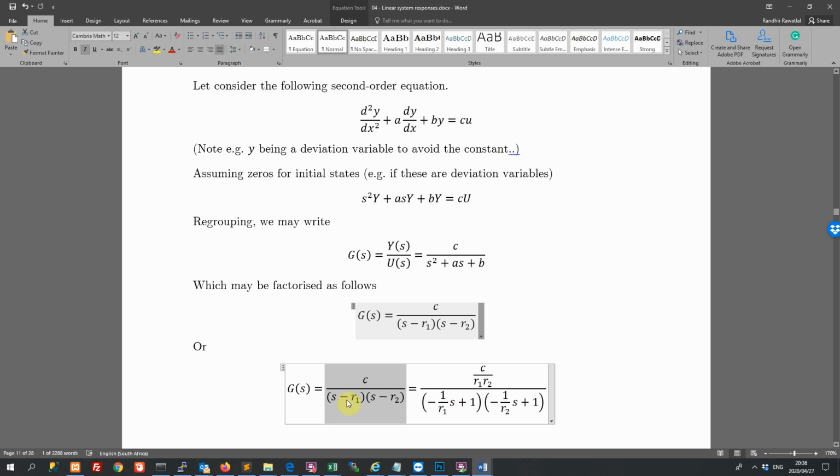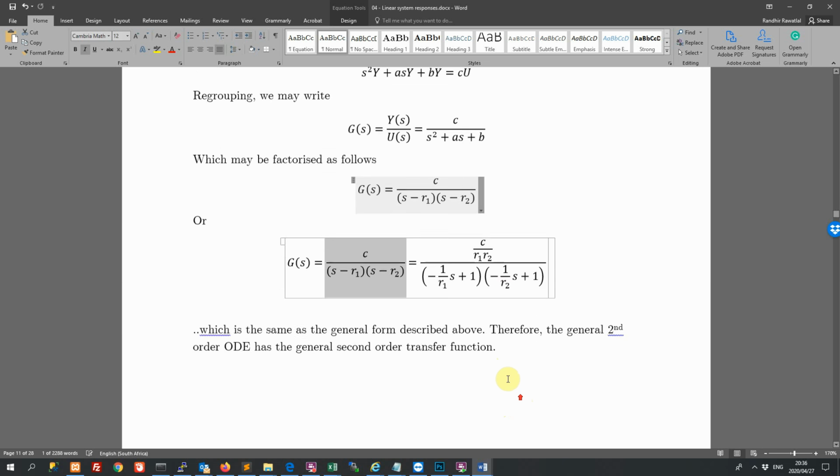And then you divide out that, leaving you with a 1 here. And then you divide again by minus r2. So minus r1 and minus r2, this becomes plus 1 over r1 r2 here. And then down here, this is minus 1 over r2 s, and then plus 1. So it looks like that.